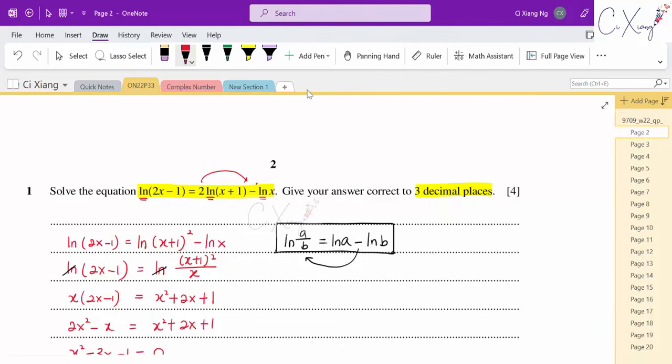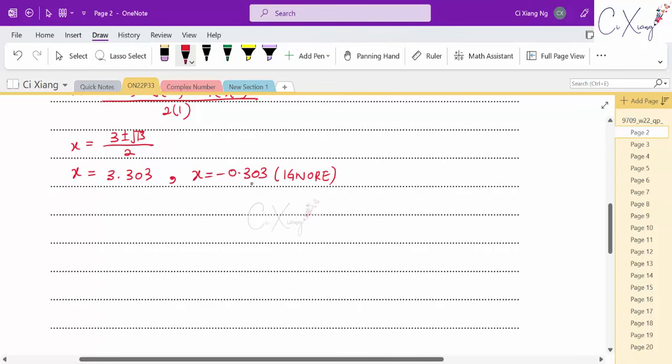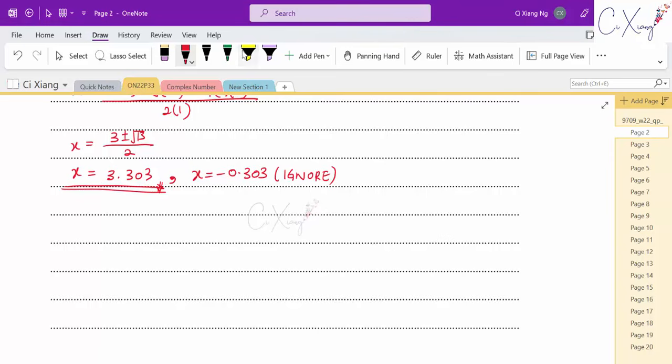If you have a look at this particular term, which is more straightforward, ln x, if you let x equal negative 0.303 and substitute the x into the ln, which is a negative value for x, you will get a math error. Therefore, for this question, we ignore the negative value, and we only accept one answer here, x equals 3.303, correct to 3 decimal places.